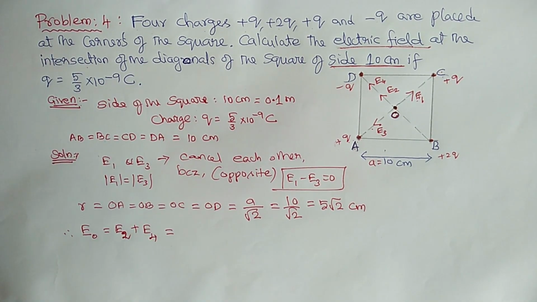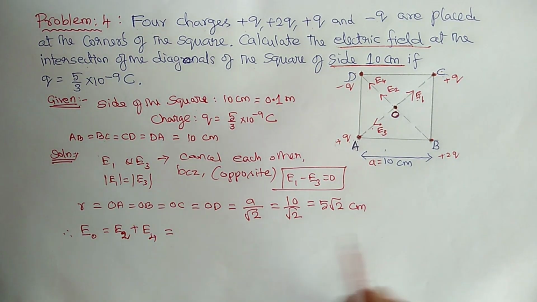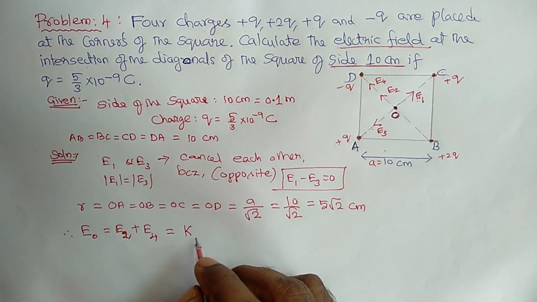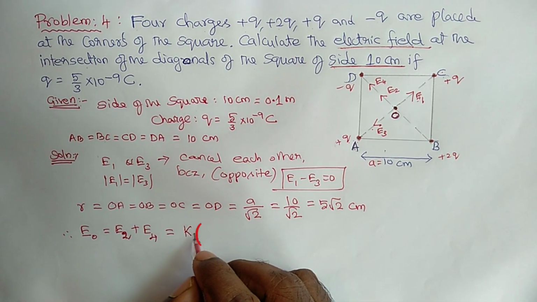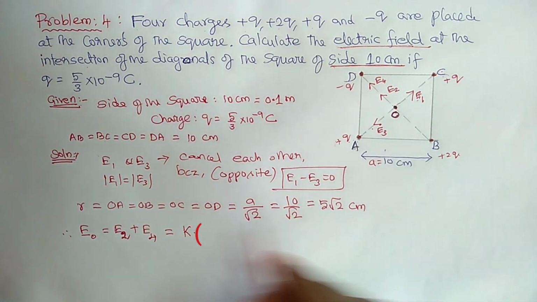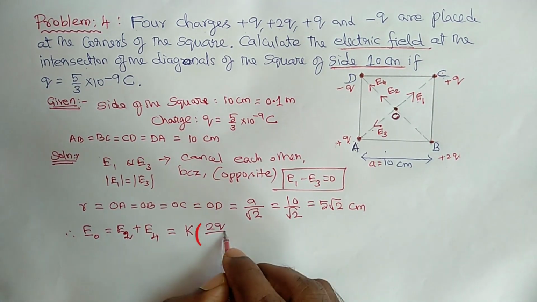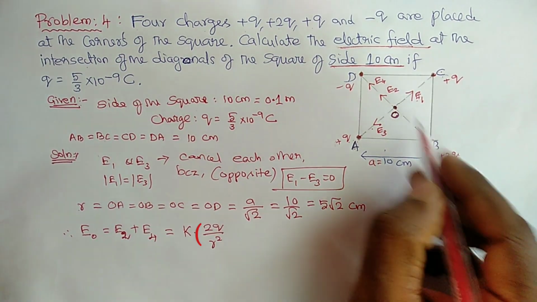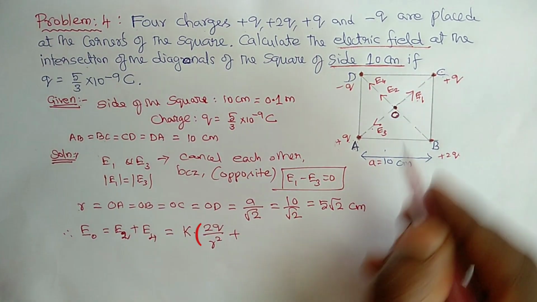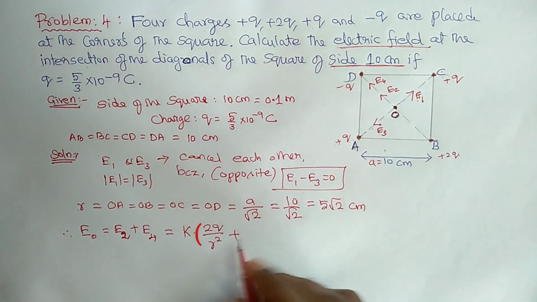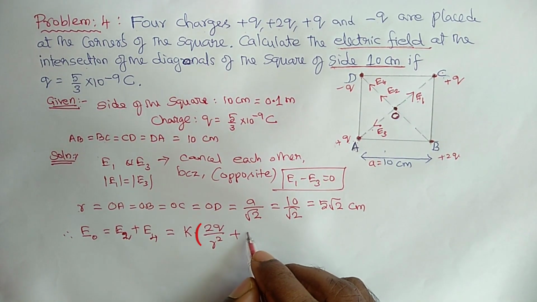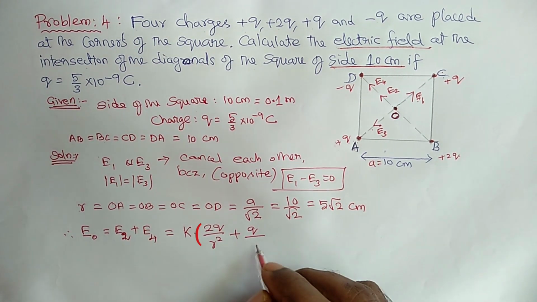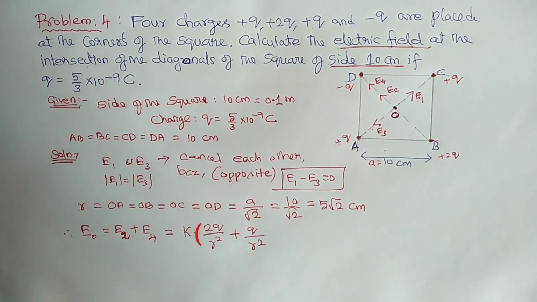So you know the formula for the electric field due to a point charge. So k into, for E2, the charge magnitude is 2Q, divided by R square. Plus E4, this is E4, so plus Q divided by R square.